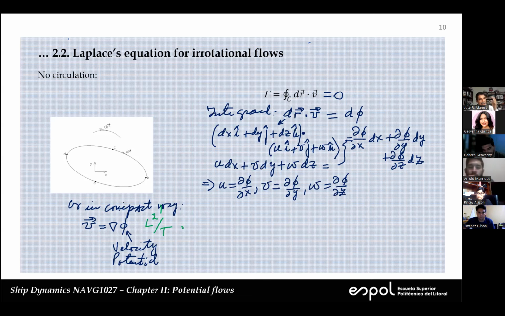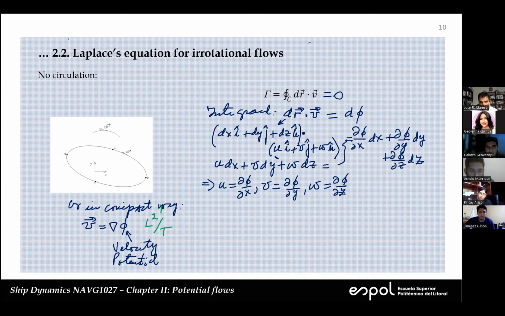That's a characteristic of what we call irrotational flows, only irrotational flow. Now, remember in the previous class, we deduced an equation for the conservation of mass, specifically for liquids, where we have no changes in density. So let's combine these two equations.